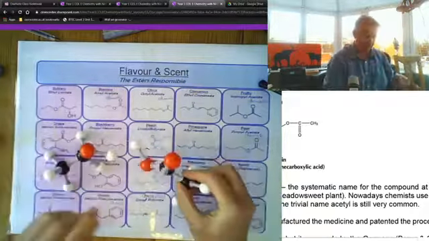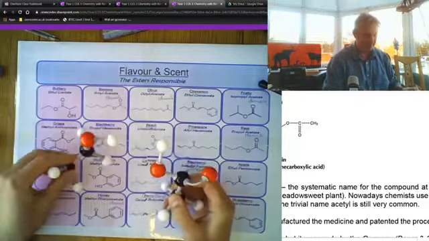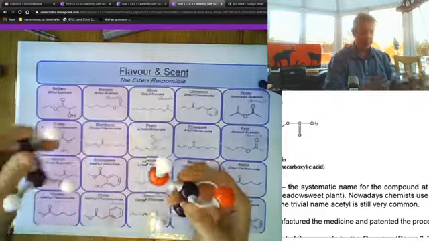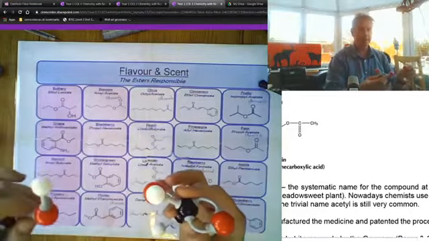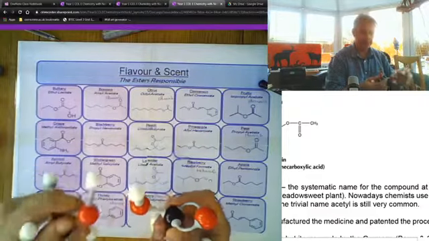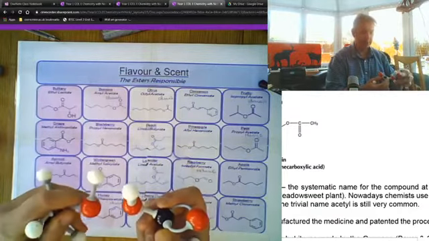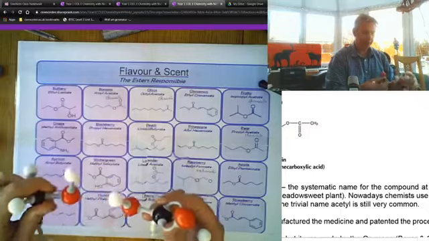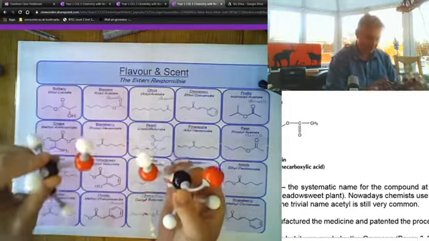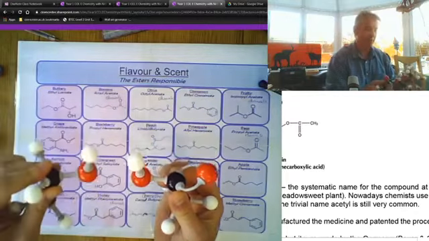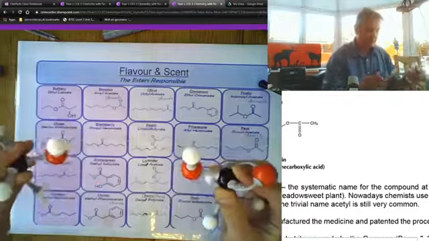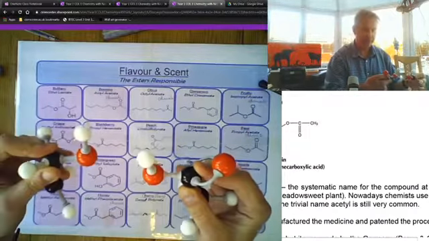Now, under the right conditions, which is basically going to need some acid catalyst, one of these will attack as a nucleophile and join on to the other, and it's what we call an elimination reaction. In fact, this one's a condensation reaction because the small molecule that comes off is actually water, hence the name condensation. But it's also called esterification because I'm going to make an ester.